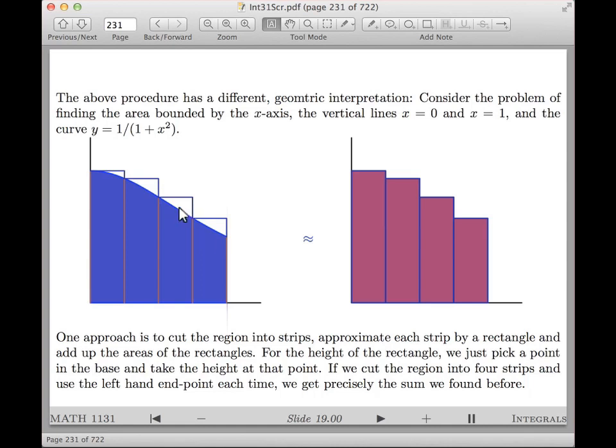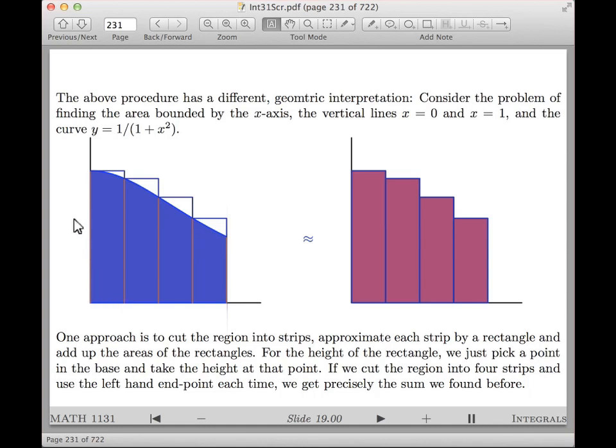But what if I have something that curves visibly? If I take thin strips though, then the curve doesn't really differ that much from a horizontal line. So for thin strips, that would still be a good approximation. That is, the area of the strip is approximately the height of the strip times the width of the strip.